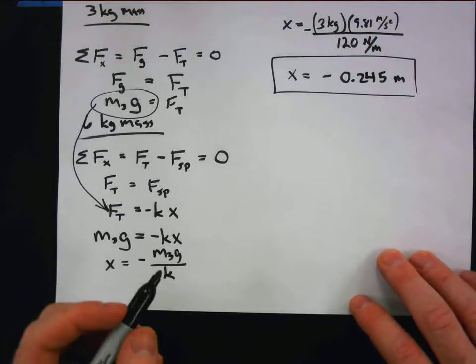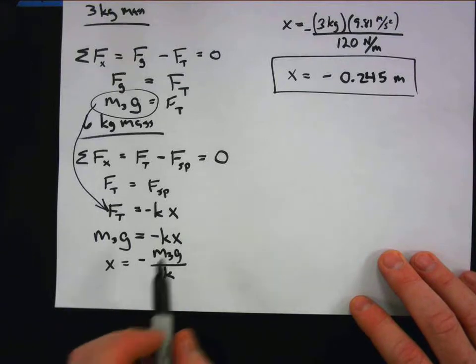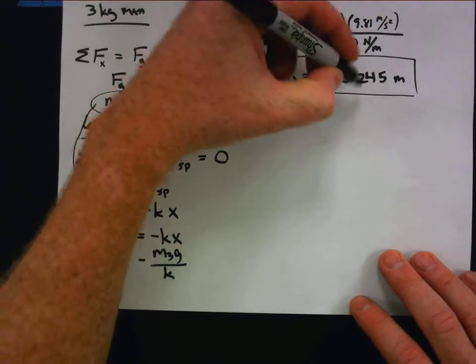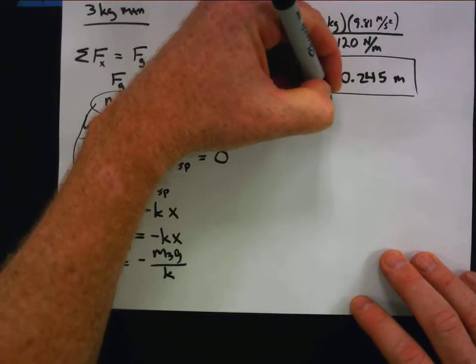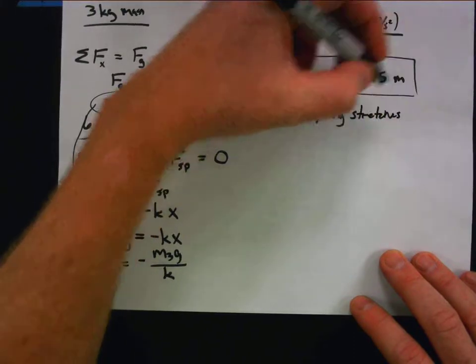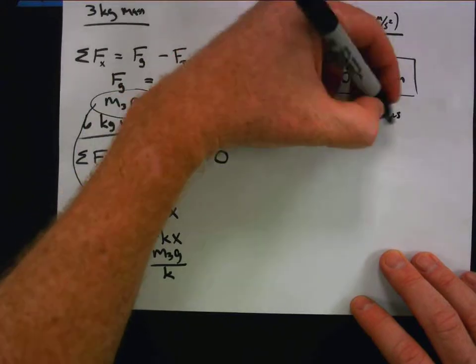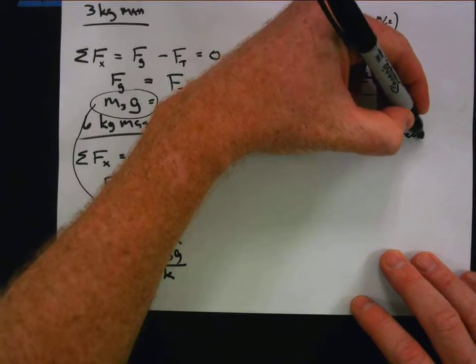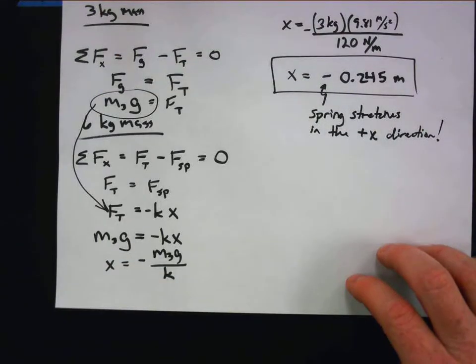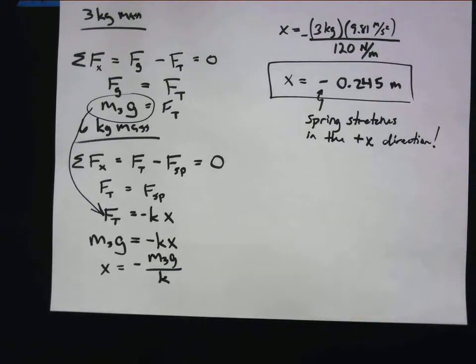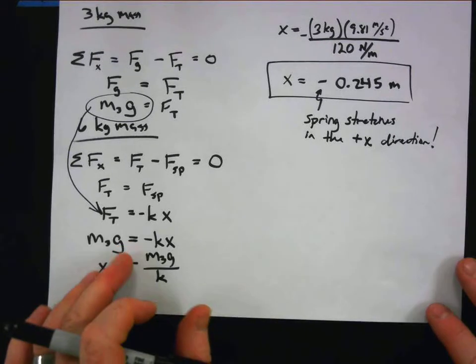It's not important as long as I understand that the spring actually stretches in the positive x direction. That minus sign simply indicates it's the opposite direction of the original spring's force, the force in the spring that wants to restore the original length of that spring.